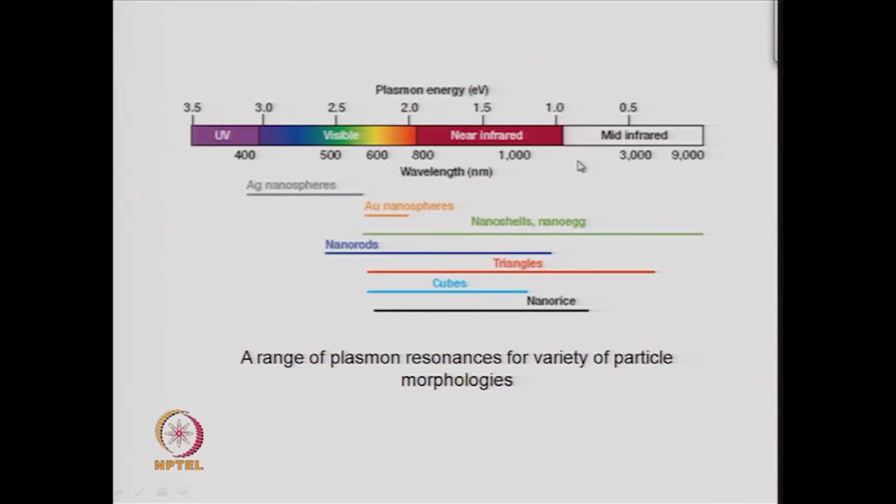This uses near IR or mid IR energy which gets absorbed by these nano triangles of gold. It can heat the surroundings by picking up energy. So, a range of energies is possible for the same material. If you change the dimensions or the shape, you can get a large range of energies using the SPR band.